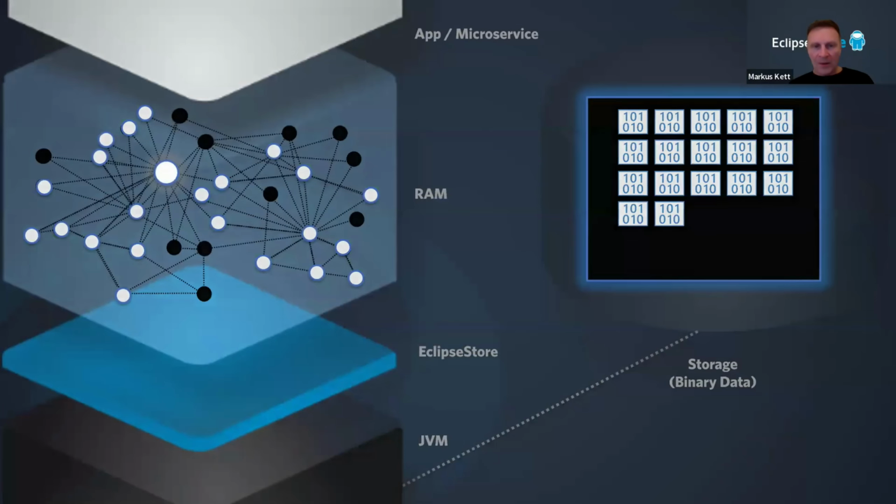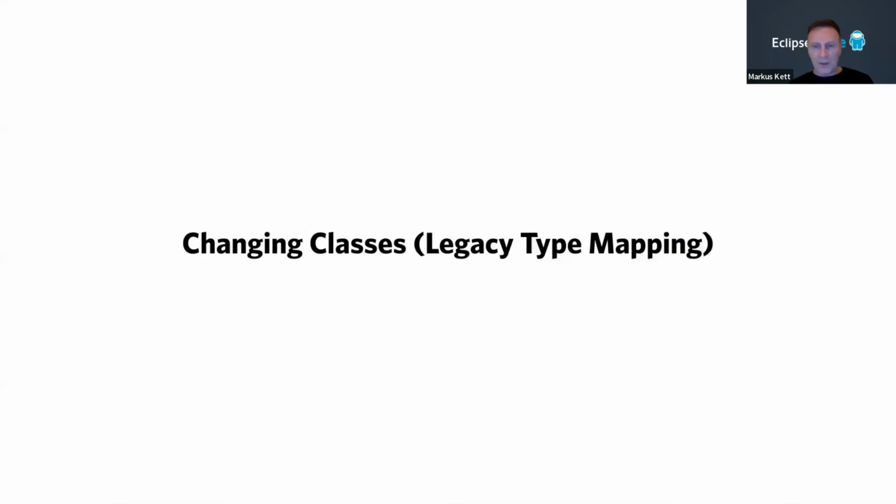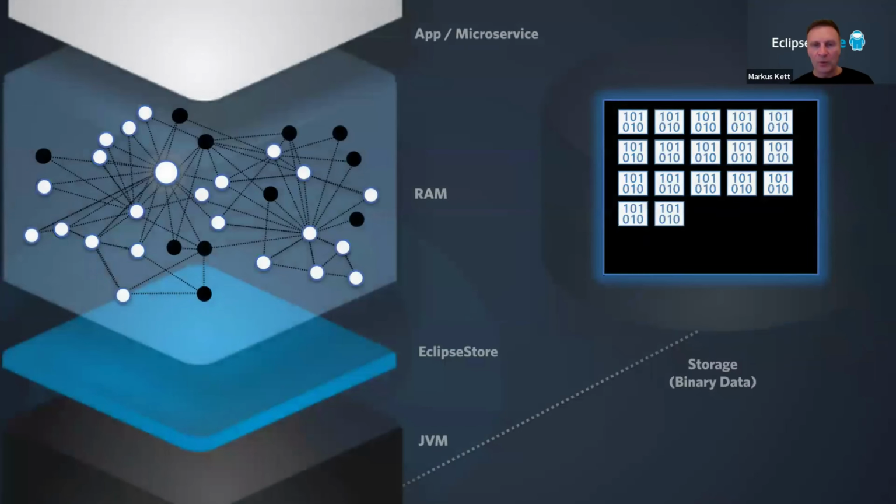One of the most asked questions is, but what if my classes change? So what about schema migration? Schema migration with traditional databases is very challenging. With EclipseStore, schema migration is very convenient. So we have a concept called LegacyTypeMapping.